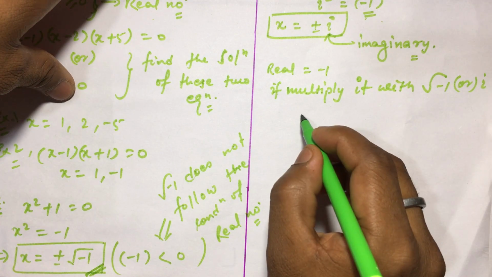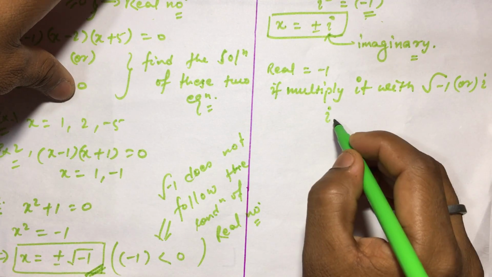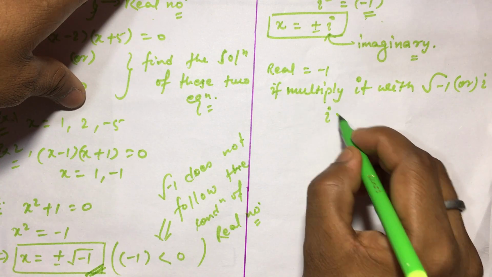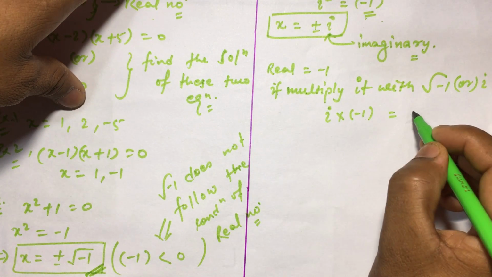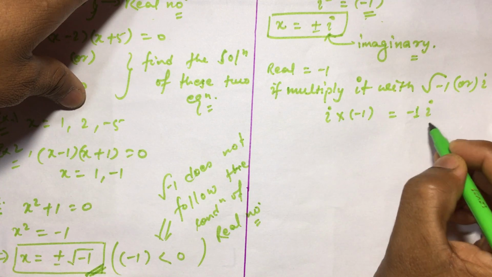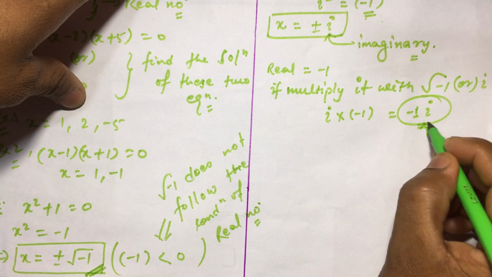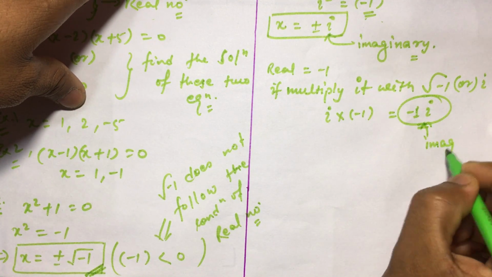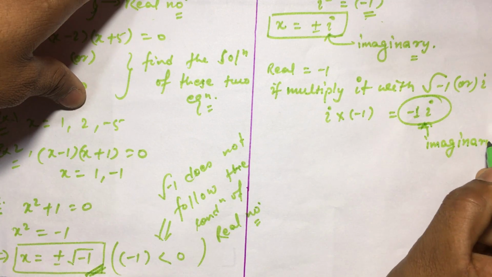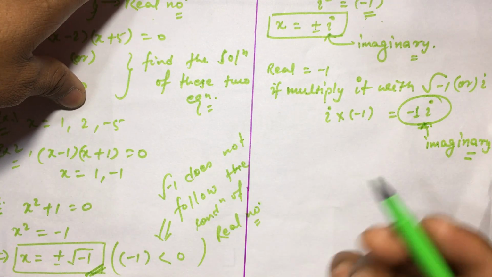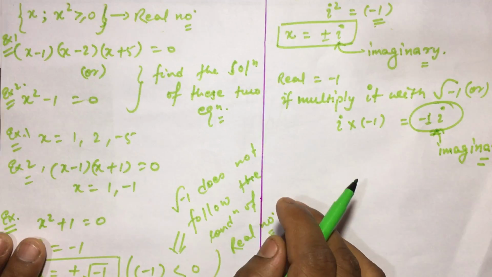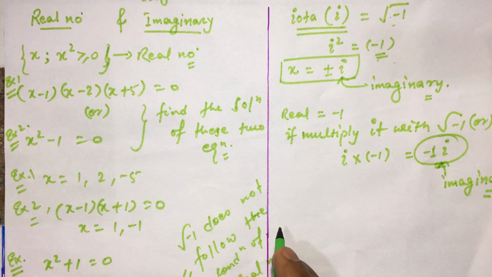Then it will be i into minus 1, so it will be minus 1 i. This is an imaginary number.